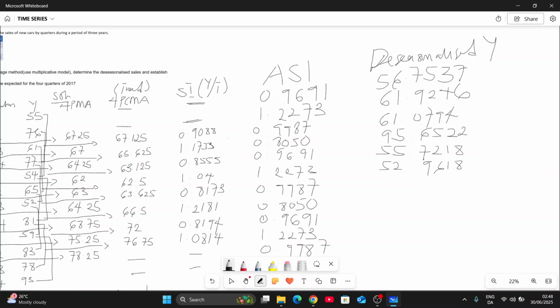The next one is 52 divided by 0.9987, giving us 52.0677. You have 81 divided by 0.8050, 100.6211.